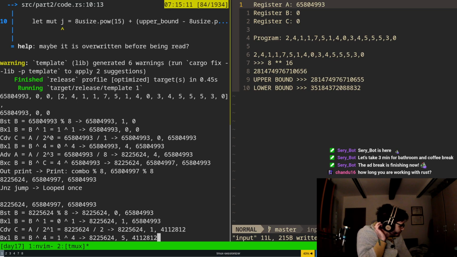So first off, the first one would have to be not divisible by 8 and a +2.